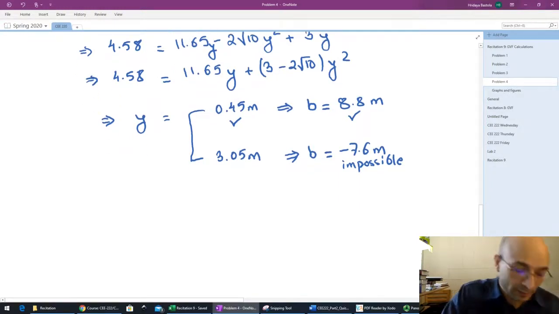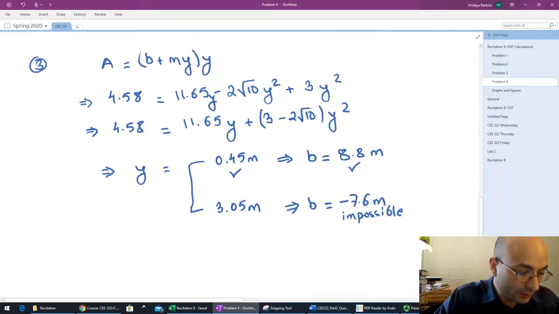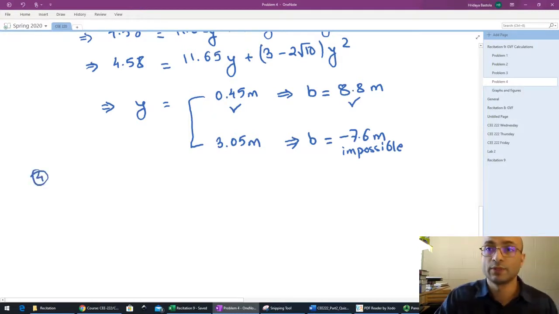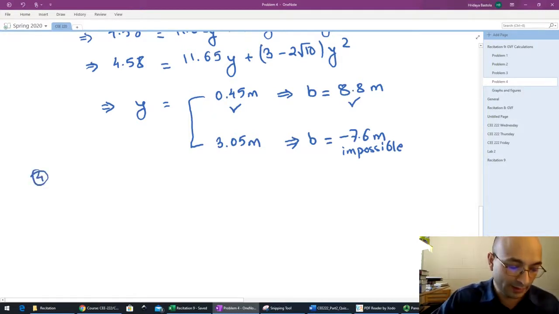So the next step we'd like to do is to make sure the flow is subcritical flow, and the reasoning is, again, we do not want the flow to go through hydraulic jump and into a higher subcritical flow condition where the depth is higher.